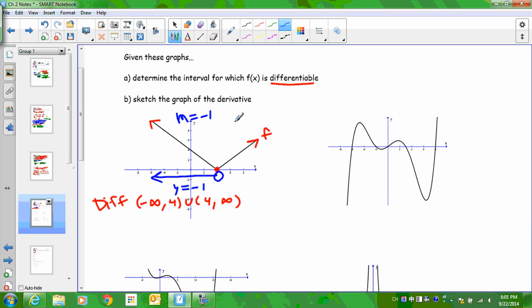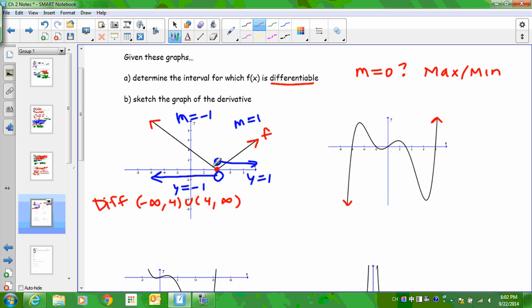Then for this second half, the slope is 1. So I am going to, again, put a 0 and graph the line y equals 1. And that is how you graph derivatives. So we get a curve. It's a little bit more complicated. So what you want to look for is, where is the slope equal to 0? That's going to happen at maxes and mins.